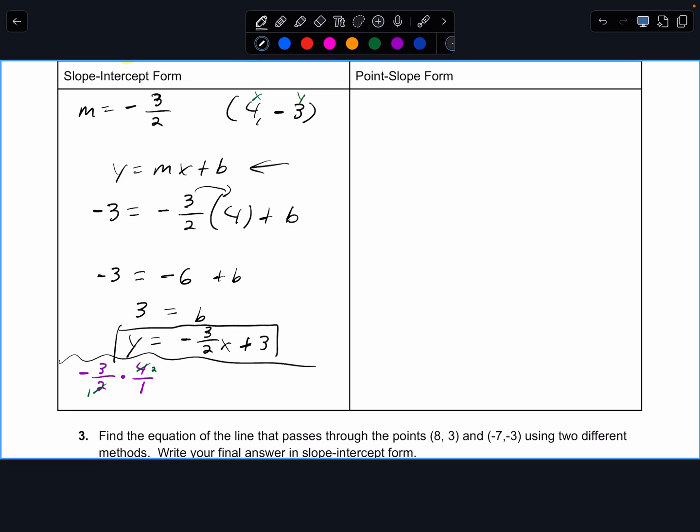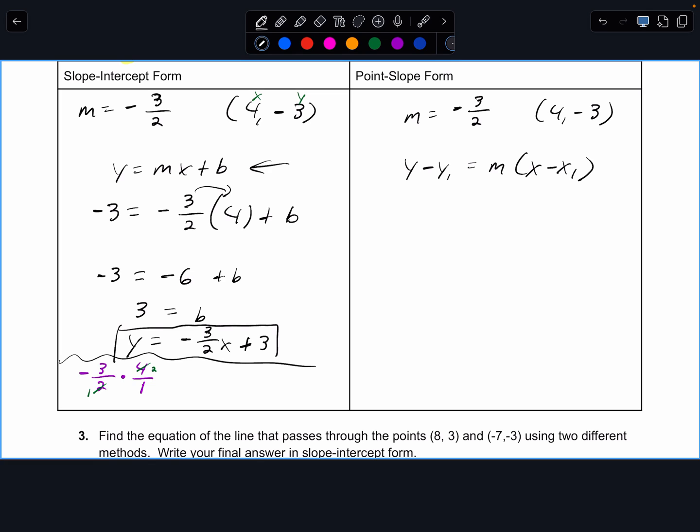All right, good job. Okay, let's use point-slope form. I'm going to write it down again. y minus y subscript 1 equals m times x minus x subscript 1. We already know that our slope is negative 3/2. Our point is 4, negative 3.